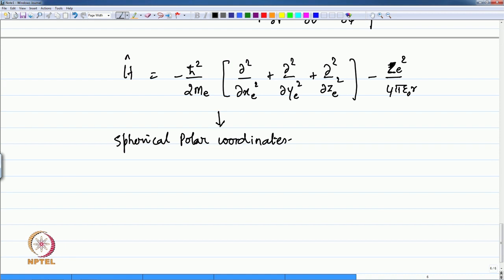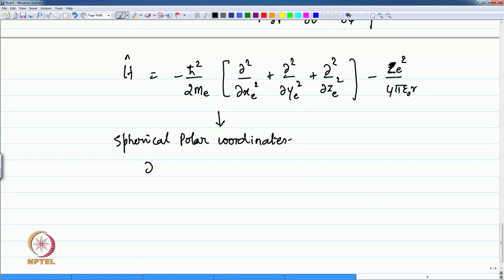That is not a trivial exercise, but it is not a very hard exercise. The derivatives, for example dou by dou x of any function of x, y, z, are expressed in another coordinate system like r theta phi.